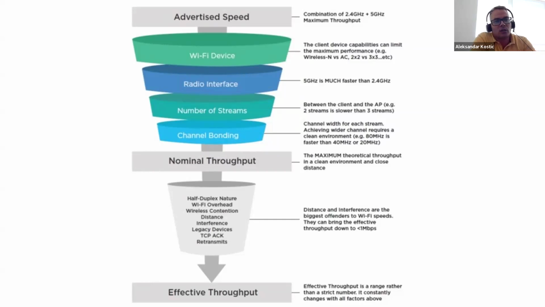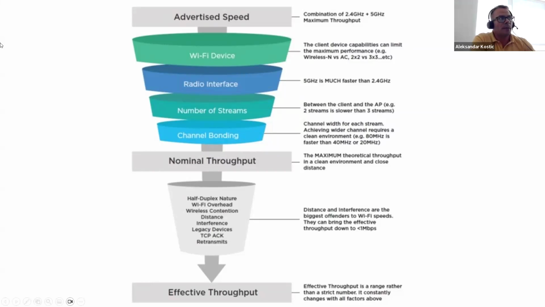So what is affecting speed on the Wi-Fi transmission? There are really a lot of different factors affecting that, and this diagram is explaining why the measured speed is always much different compared to the advertised speed, which is in the specification of the access point.